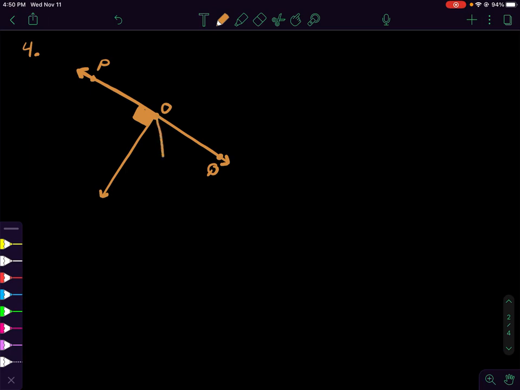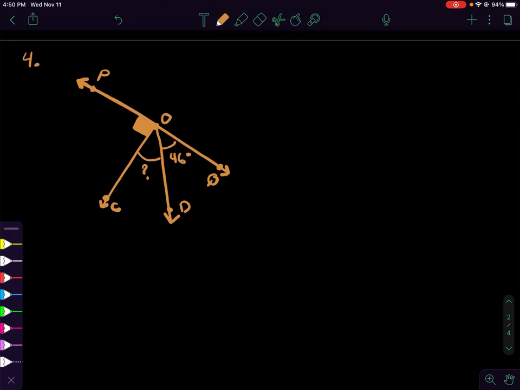And then there's another line going up. This line is called C. This line is called D. This one is 46 degrees. This one is missing. So the question is asking for angle COD.